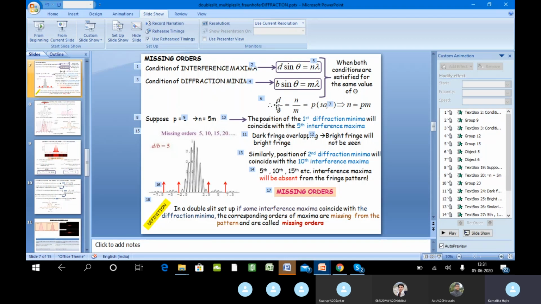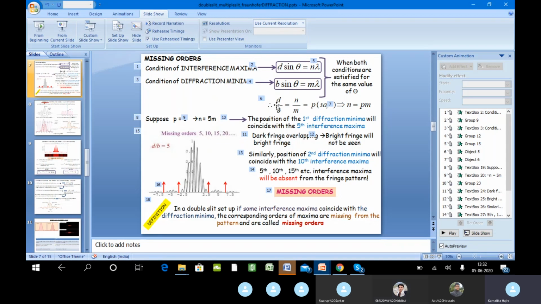So I am talking about a position where diffraction minima is there, but interference minima is not there. What is there? Interference maxima. But since diffraction minima is there, the product becomes 0. So intensity has to be 0 over there. So even though there is an interference maxima over there, still it cannot be seen because the diffraction minima makes the intensity 0. Is that clear?